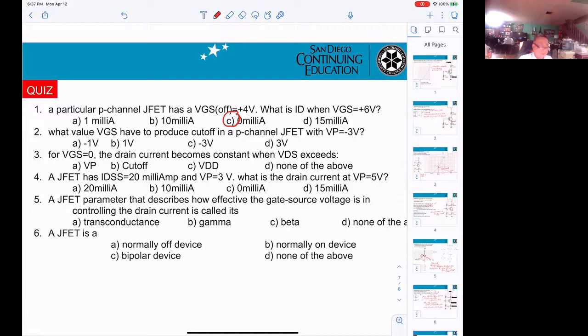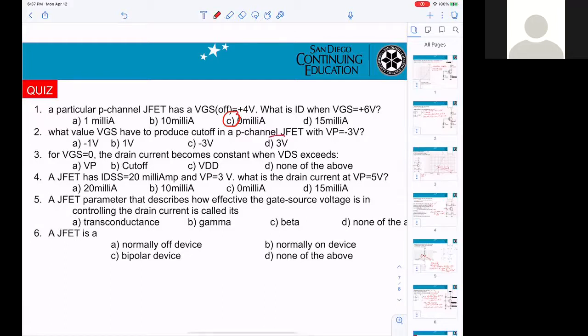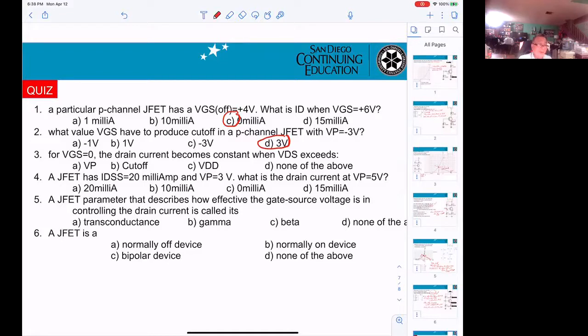A, B, C, D. D. You know VGS and VP all the time, the same value will be opposite.